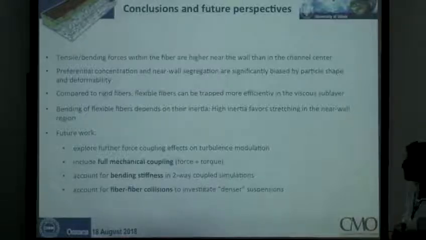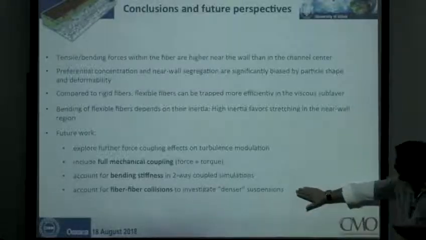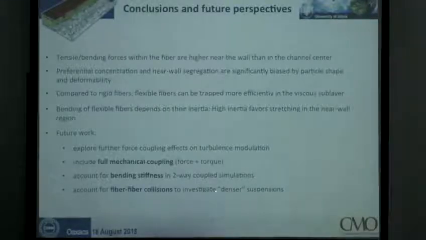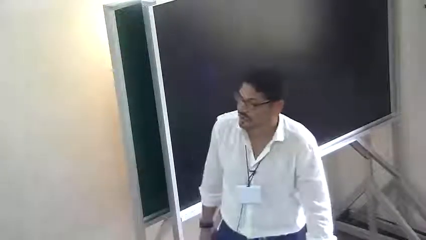And of course, if we wanted to go to much denser suspensions, then we could account for fiber-fiber collisions. In the model that we have considered so far, the fibers don't see each other, and even neighboring elements don't see each other. So they could, in principle, rotate and cross each other. In our simulation, that doesn't happen, but our model is not taking this into account.